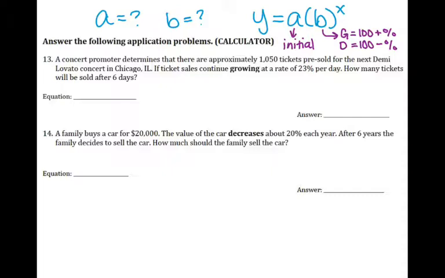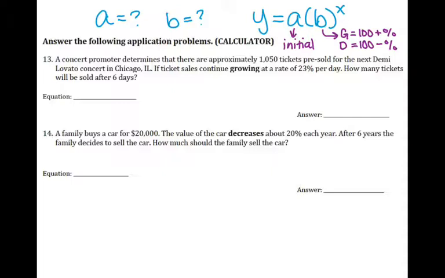Okay, so here we go. A concert promoter determines that there are approximately 1,050 tickets pre-sold for the next Demi Lovato concert in Chicago. If ticket sales continue growing at a rate of 23% per day, how many tickets will be sold after 6 days?